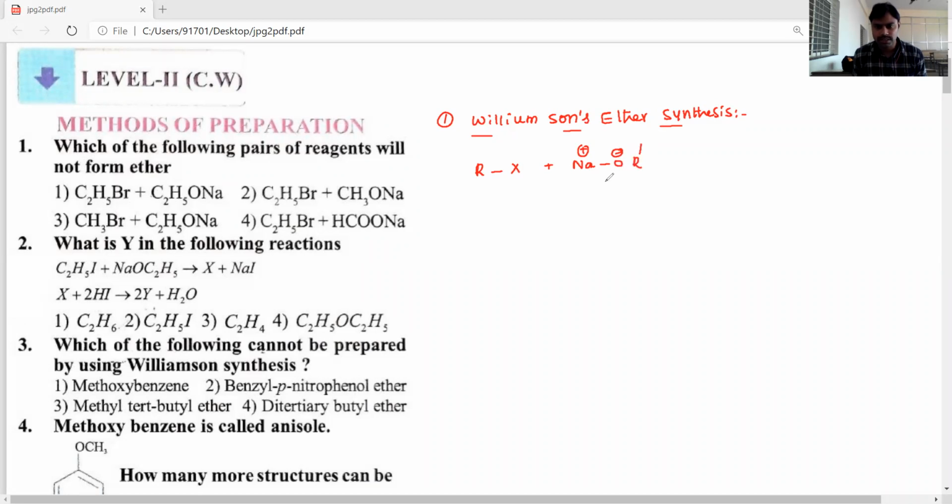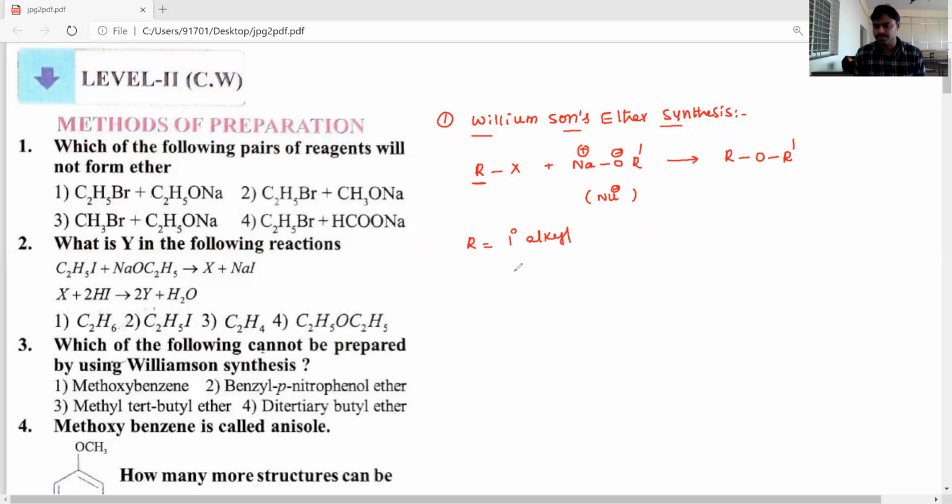This is sodium alkoxide. It is a nucleophile. Here in this reaction, it is a nucleophile, producing ROR'. Okay, and what is R? This R should be a primary alkyl group.